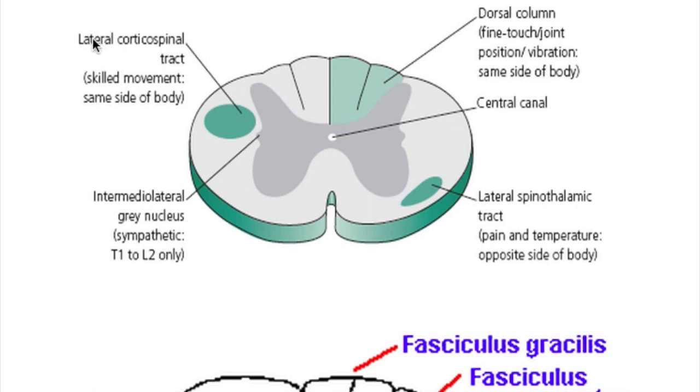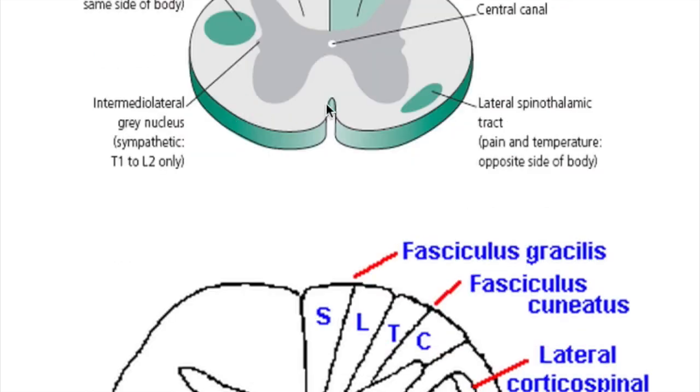And a lesion in the descending lateral corticospinal tract will produce defects on the same side of the body, an upper motor neuron type of lesion, that is spastic paresis and hyperreflexia. Whereas the lateral spinothalamic tract fibers cross over to the opposite side in the spinal cord, where they enter or a few segments a little above where they enter.